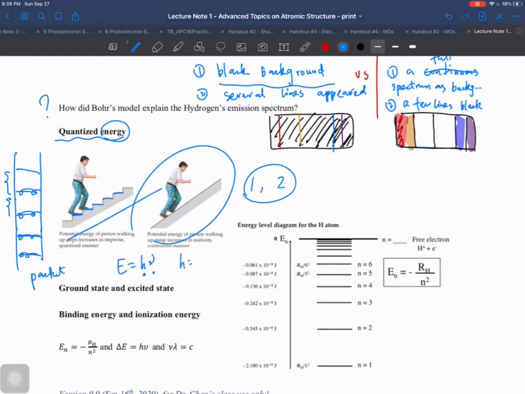The h is Planck's constant, which is 6.63 times 10 to the negative 34 joule second. As you can see, the magnitude of this energy packet is so small. This is why typically we do not pay attention. We think energy is continuous, but actually it's not.